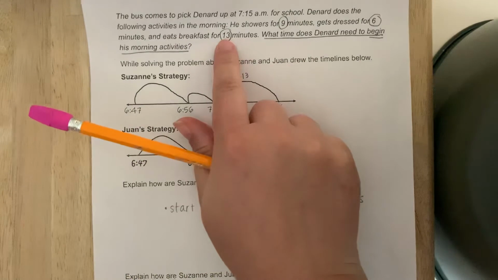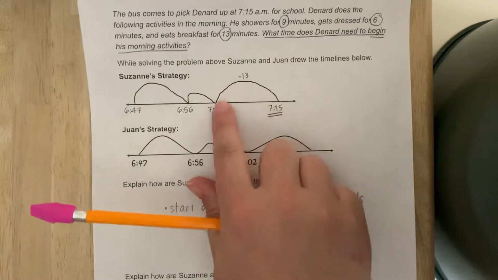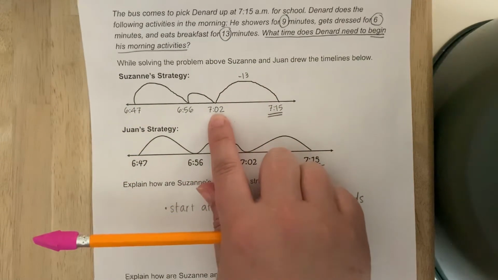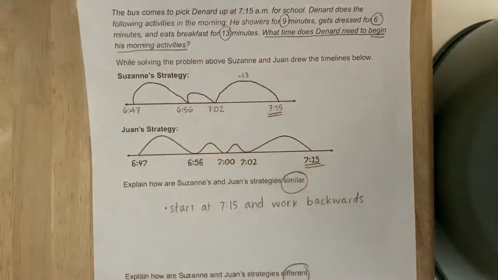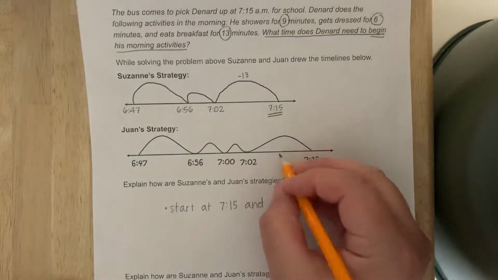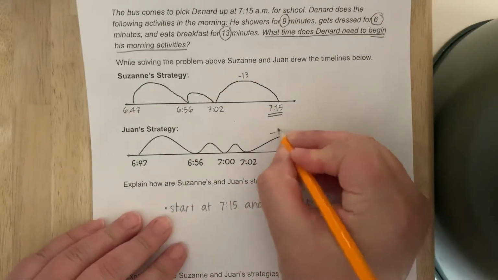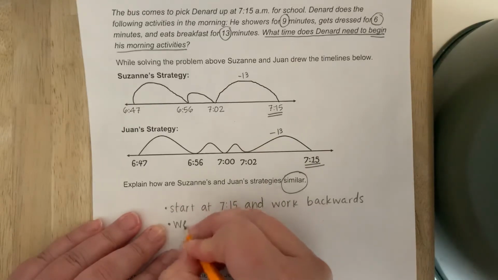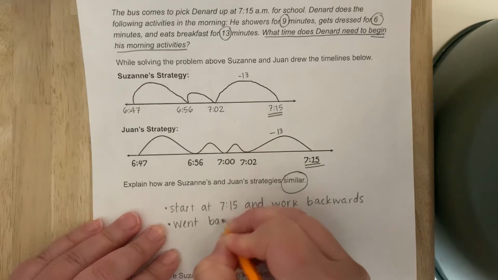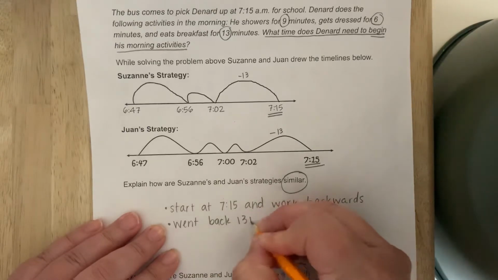I can tell it's 13 minutes because if you count backwards 13, you'll get to 7:02. I know that this is the time that he eats breakfast. On both strategies, they went back 13 minutes. So I can add that down here. Went back 13 minutes.